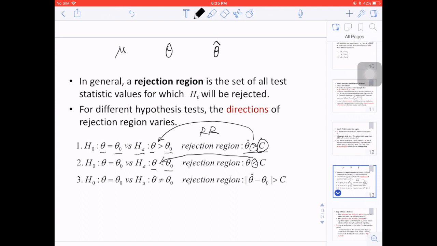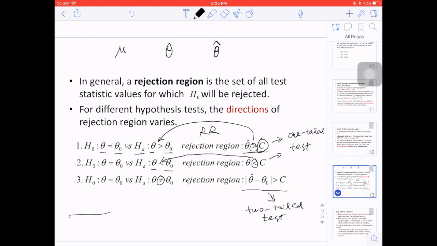So what if your alternative hypothesis is theta is not equal to theta 0? Your rejection region is equal to this. Namely, we call the first two tests one-tailed tests, and we call the last one a two-tailed test.